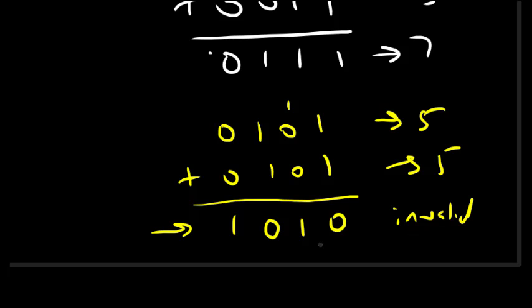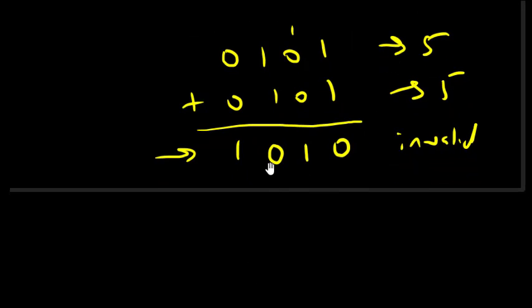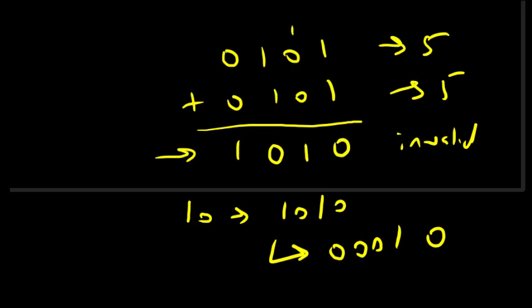The answer should be 10, because 5 plus 5 is 10, and 10 in binary is 1010, but in BCD it should be 0001 0000. So this should be the answer, but we are getting a different answer.